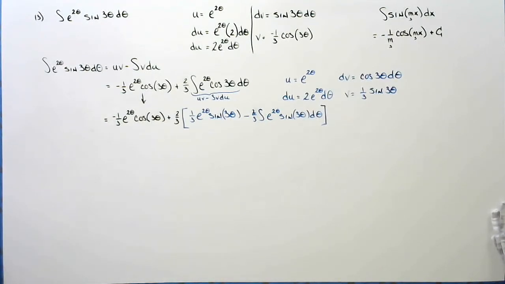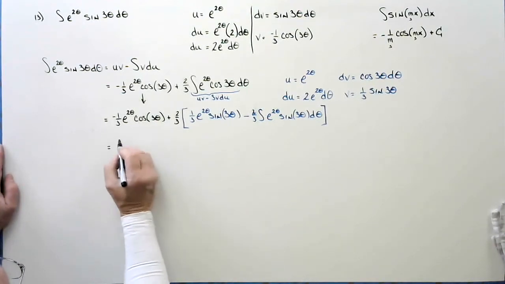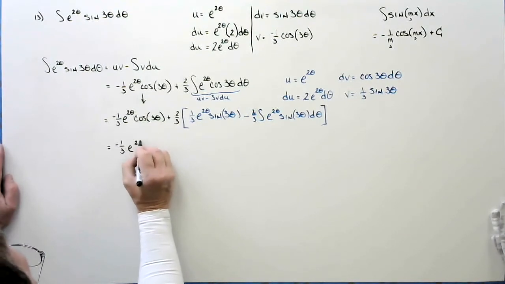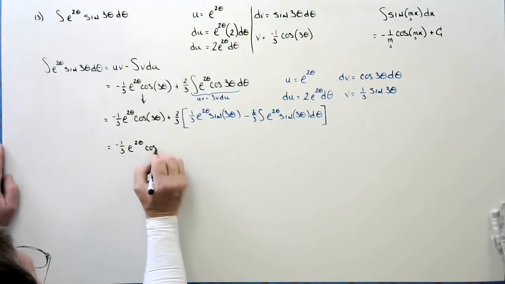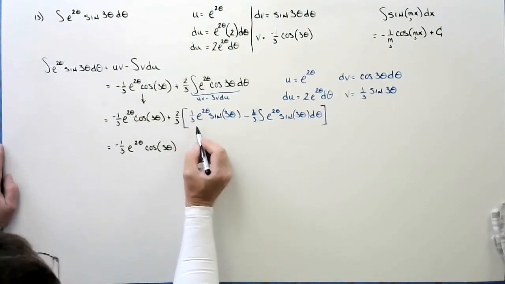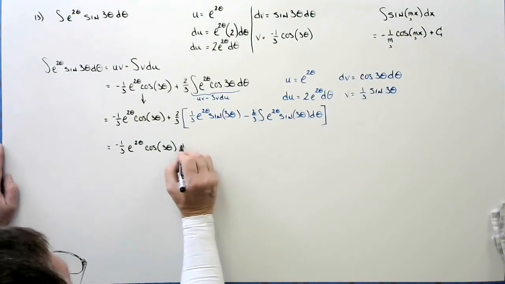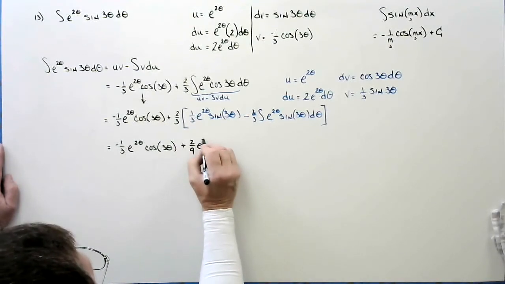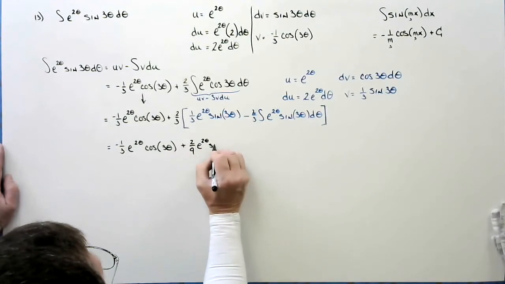Now, if we simplify everything we have, what do we have now? We have minus 1/3 e to the 2 theta cosine 3 theta. 2/3 times 1/3 is going to be plus 2/9 e to the 2 theta sine 3 theta.